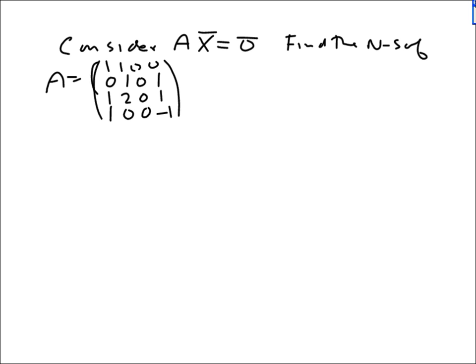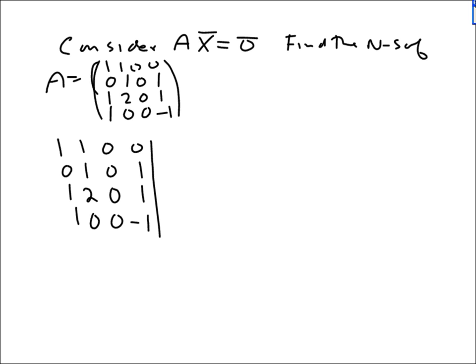So we reduce A. We get 1, 1, 0, 0, 0, 1, 0, 1, 1, 2, 0, 1, 1, 0, 0, negative 1. And remember, augmenting it with the zeros. Everything we do, the things that we do to rows is we can multiply a row by a number.